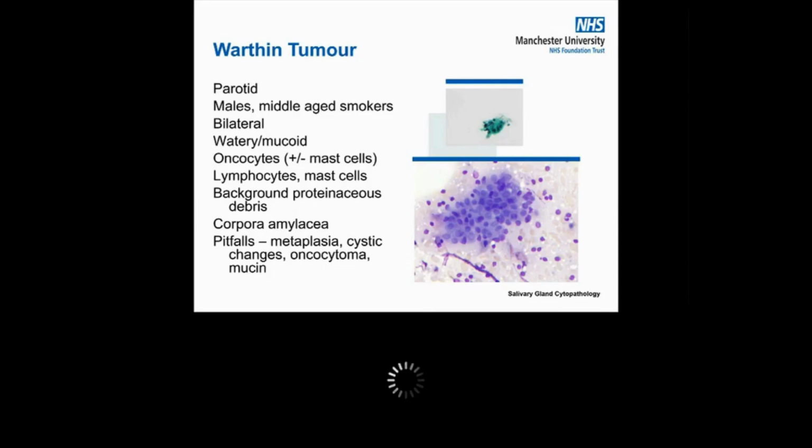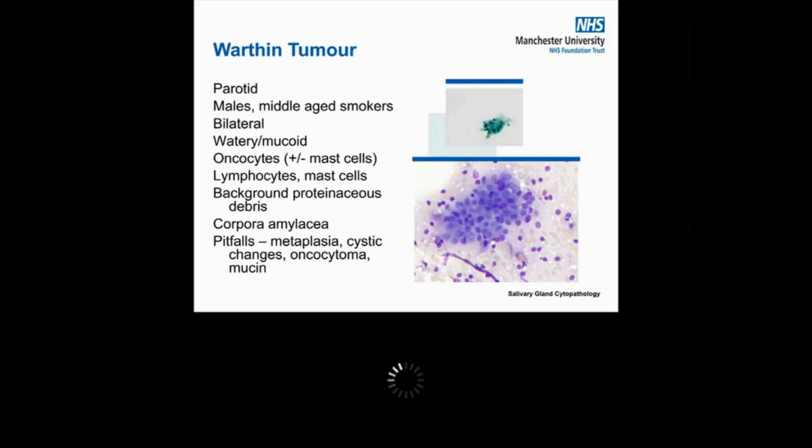Warthin's tumours themselves can undergo metaplasia, including mucinous metaplasia, which can lead to confusion with mucoepidermoid carcinoma. But conversely, there's a risk of false negative diagnosis, i.e. we undercall a malignancy as a Warthin tumour.